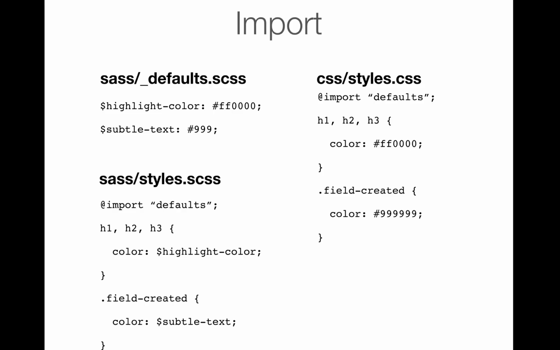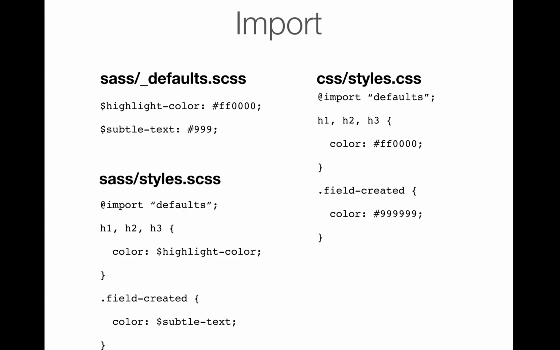In our styles.scss, you can see that the first line is @import defaults. Just like in normal CSS, you can import another file, but you don't even have to include the underscore or the .scss. If you write it that way, it's going to know to import everything from that defaults file.